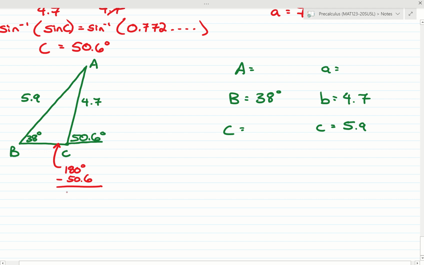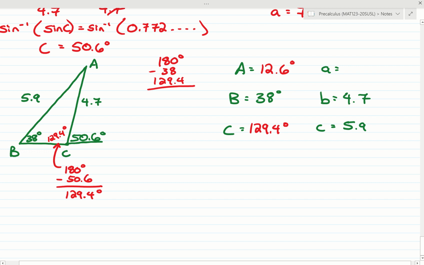And that comes out to 129.4 degrees. Well, now we have two angles, so let's find angle A, 180 minus the 38 and minus 129.4. Gives us a tiny little angle, 12.6.